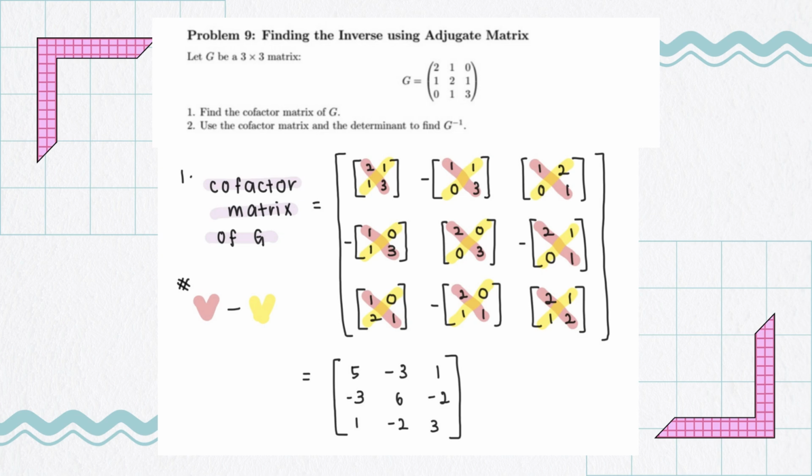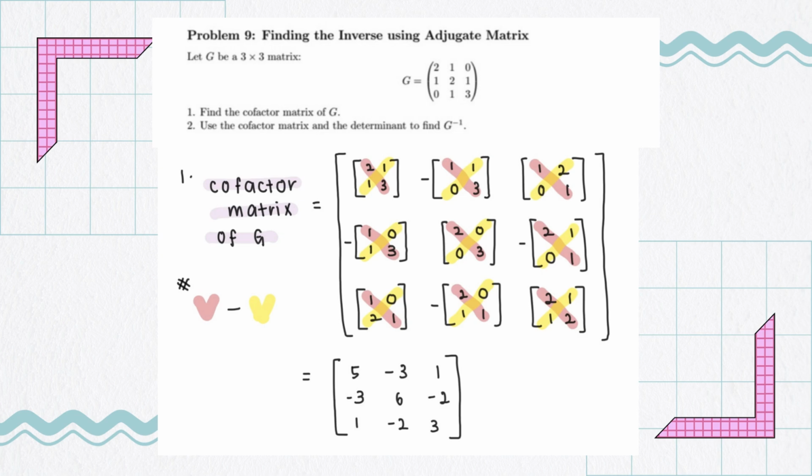Then we just calculate 2 times 3 minus 1 times 1, and we get the first element, 5. The second element is the same. We close the first row and the second column, and we get 1, 1, 0, 3.